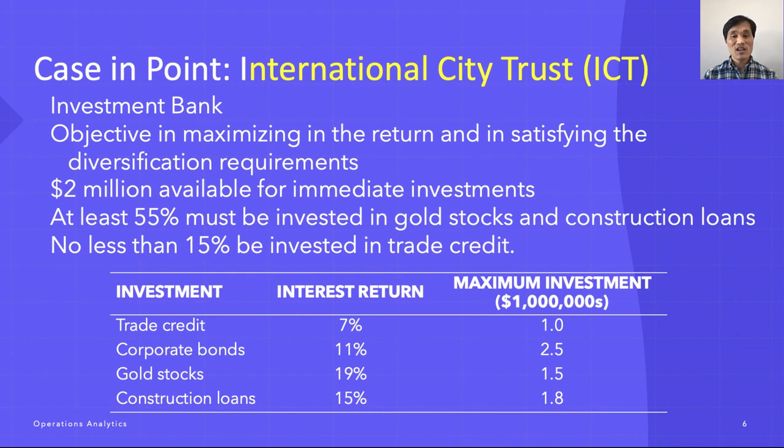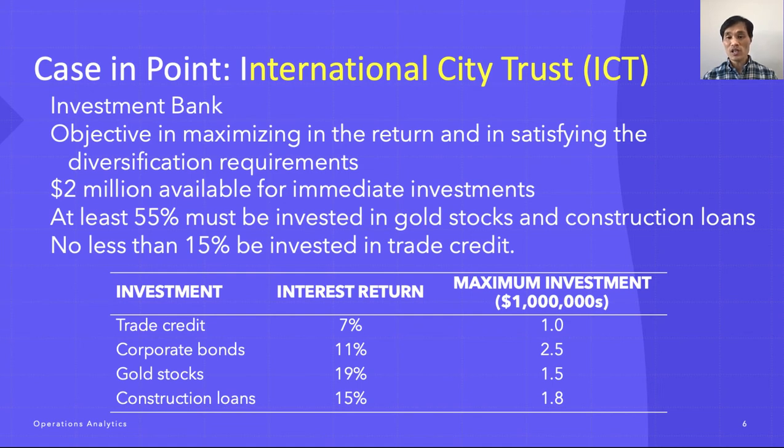ICT has $5 million of available funds for immediate investment and wishes to do 2 things: maximize the return on the investment made over the next 6 months, and second, satisfy the diversification requirements set by the board of directors. After research, the bank narrowed it down to 4 investment categories.